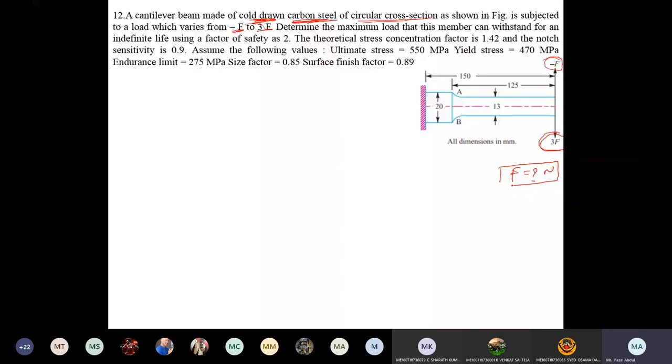Once you know the magnitude of the force, you multiply to get the minimum and maximum loads acting. The question is: determine the maximum load that the member can withstand for an indefinite life, using a factor of safety of 2, a theoretical stress concentration factor of 1.42, and notch sensitivity of 0.9, with some values given. First of all, what is the given data we need to write?